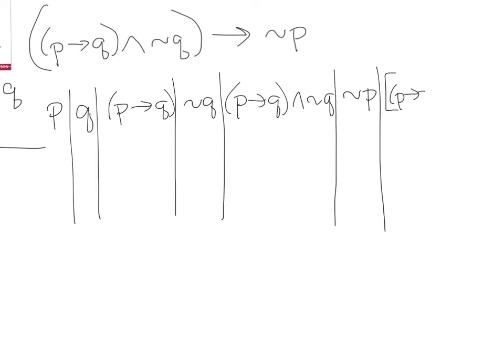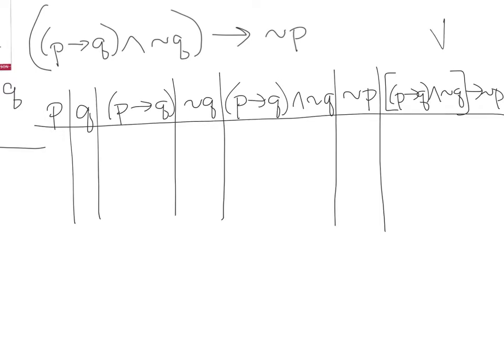If P then Q and not Q implies not P. So I have the traditional form of a truth table, which is very long, but it'll be the last column that you'll want to look at. And if that column is all truths, then that means the statement is true.